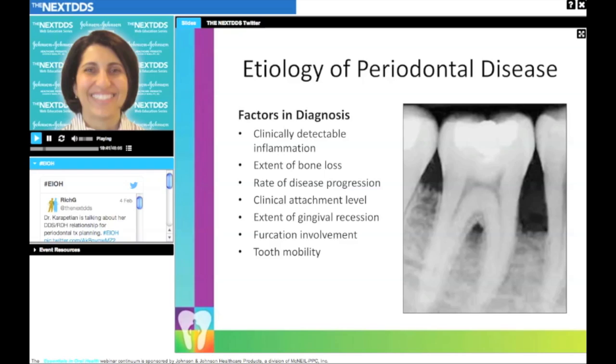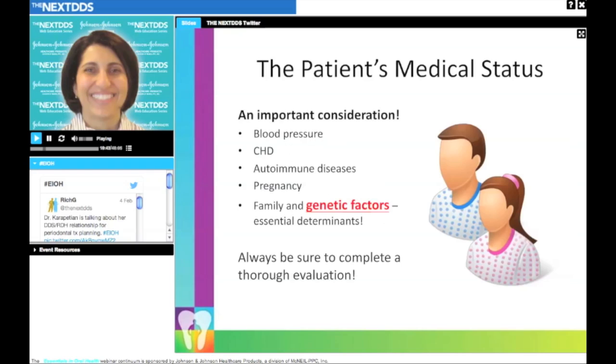So moving along with the etiology, medical status is very important in periodontics. So we know that a lot of inflammatory diseases, and I'll get into what is an inflammatory disease in just a moment, play a very important role in the control of periodontal disease. And the control of periodontal disease plays a very important role in the control of the inflammatory disease.